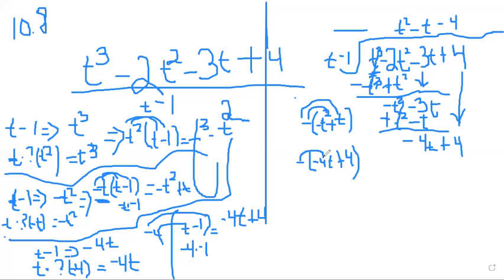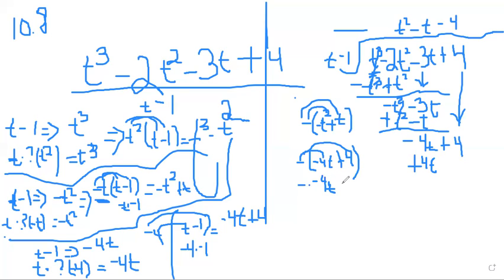Negative times negative 4t, two negatives there. I got negative times negative 4t. We know two negatives make a positive. So that would give me a positive 4t, okay? So what's my next move?